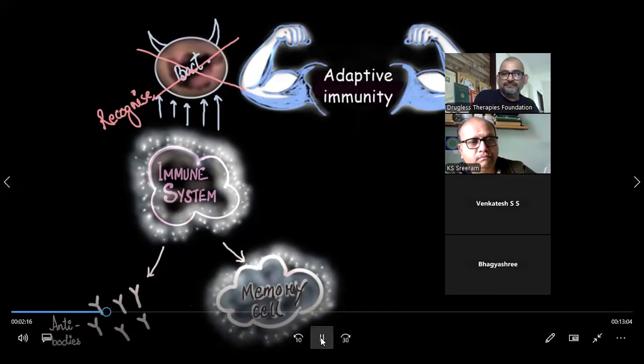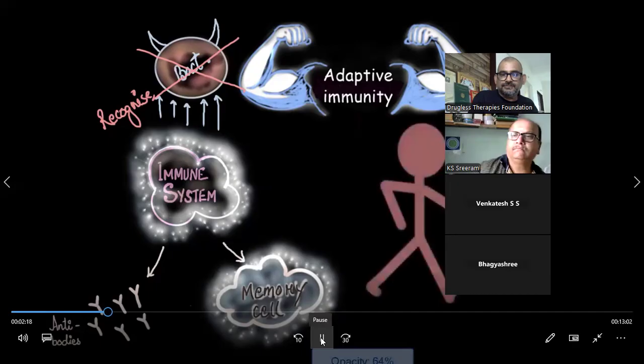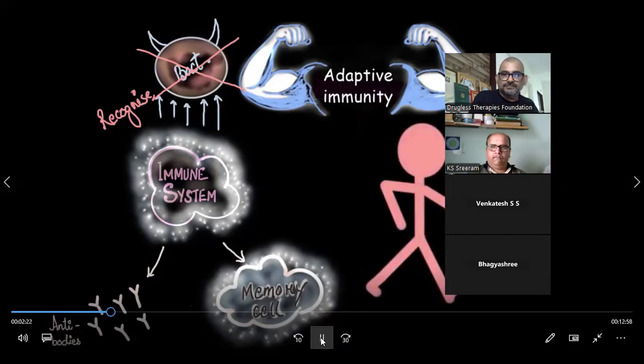Imagine a situation in which your friend Ram, as he was going back home from school, was bitten by a snake. And now you just saw that. What will you do? You will probably rush him to the hospital where the doctor will give him some anti-venom shots.